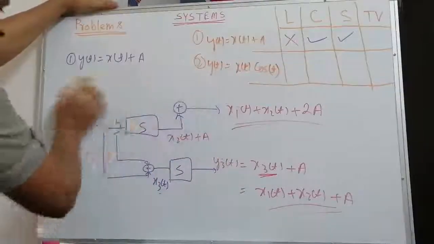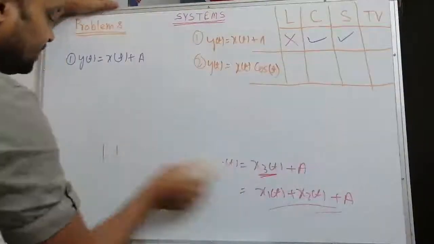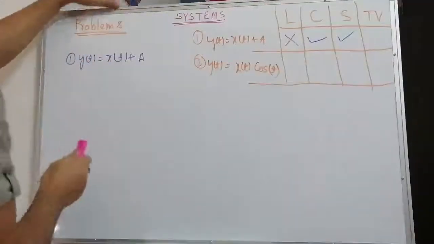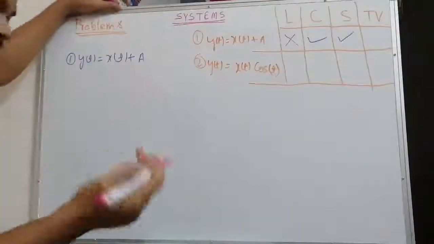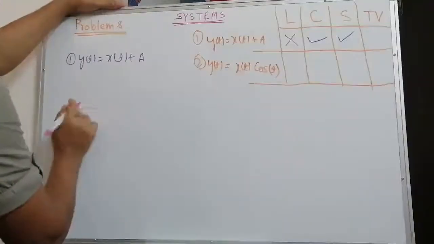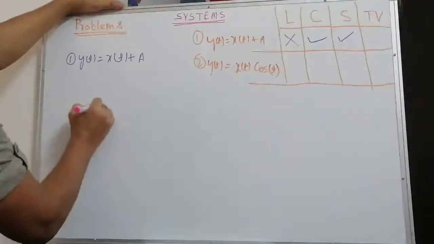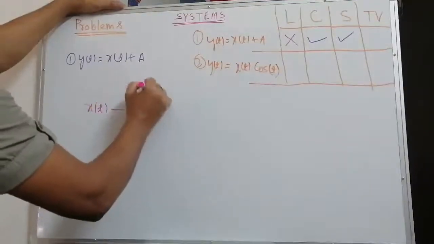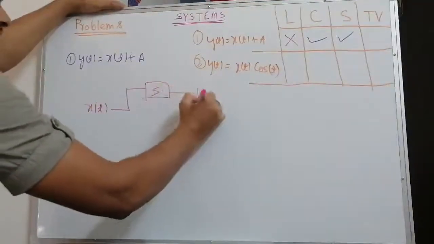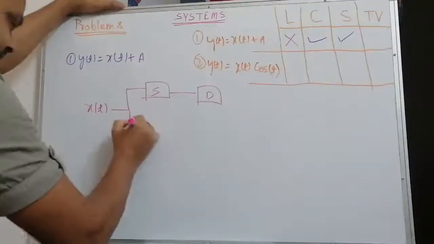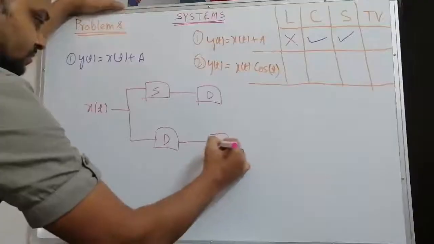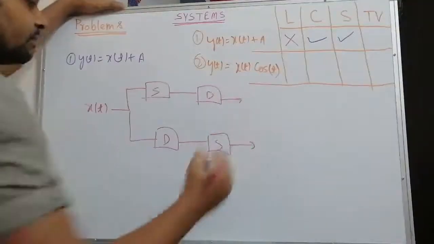Now let us check whether the system is time variant or invariant. Again, we have to make a block diagram like this. First the system, then the delay, and in the other branch first the delay, then the system, and each will give some output.